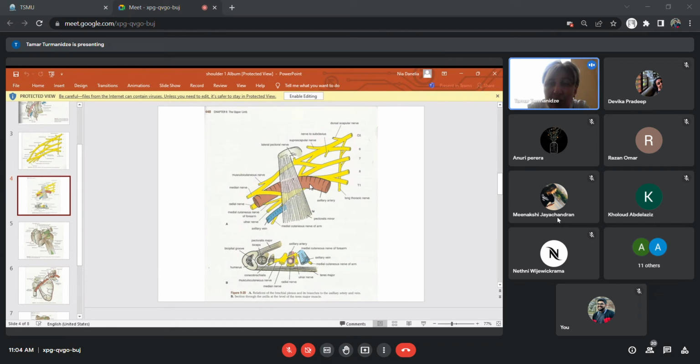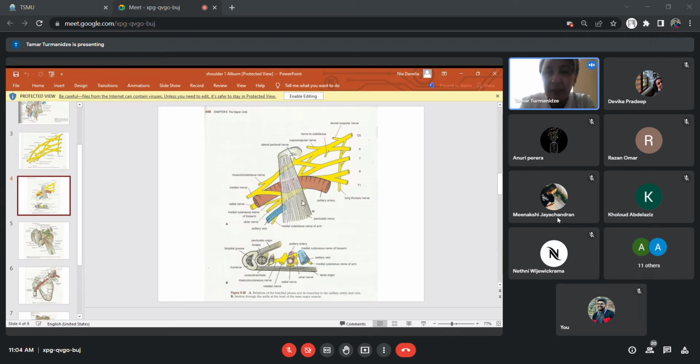Laterally to it is located the axillary artery, and laterally to the axillary artery is located the lateral cord of the plexus. The posterior cord is located behind the artery.